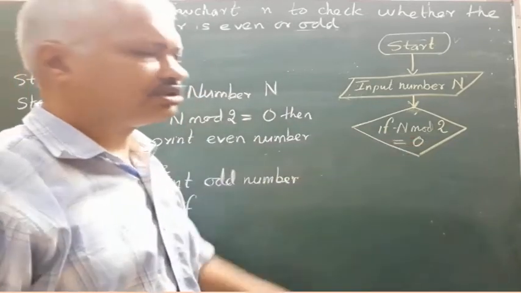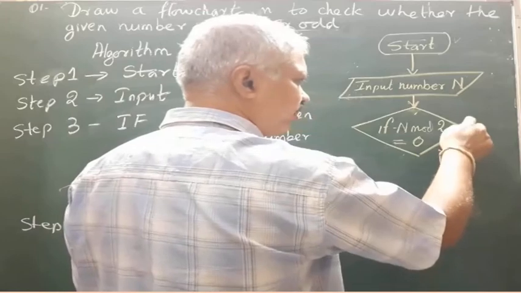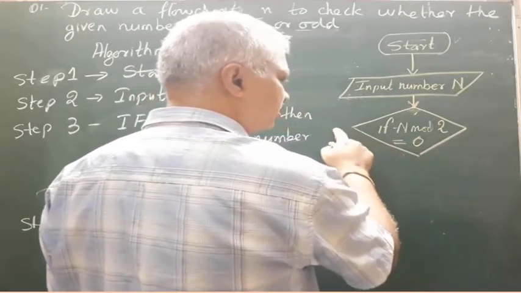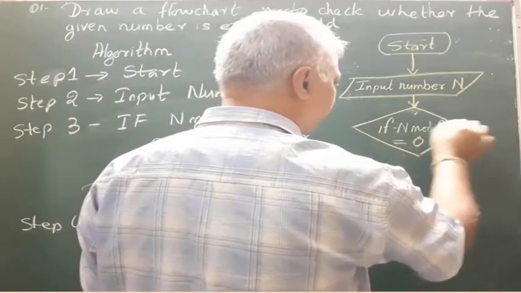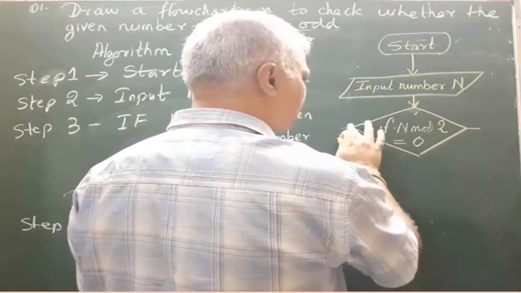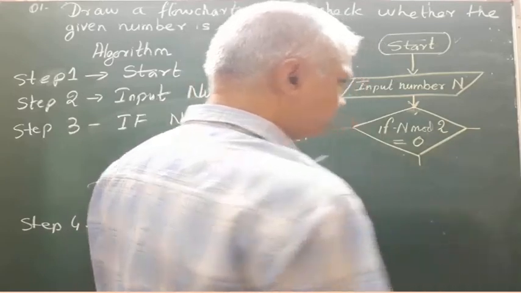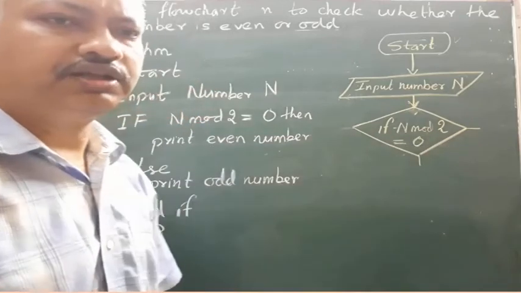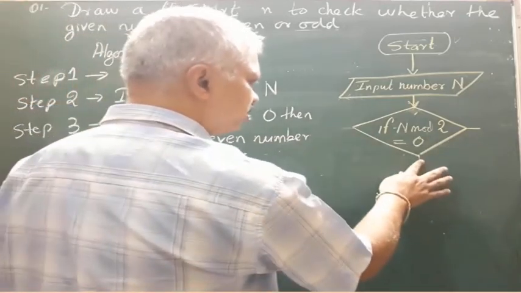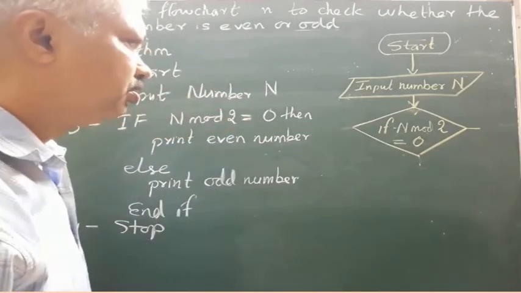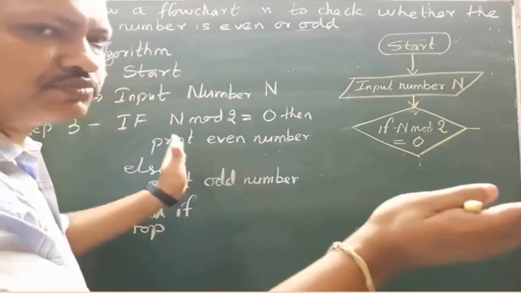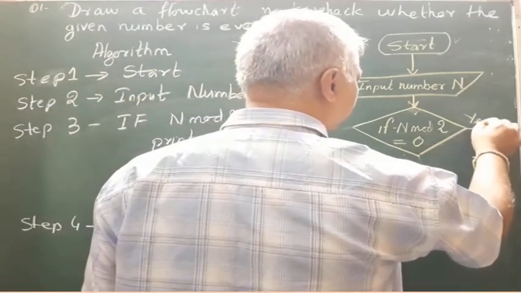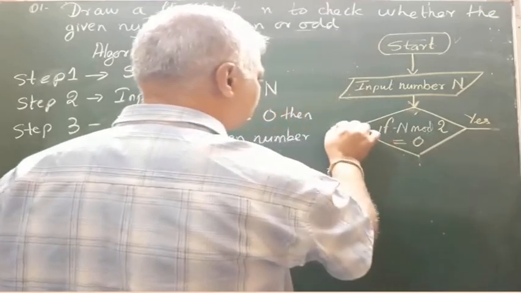Now here there are two branch outs, one for yes and another for no. Either you can write yes here or no here, or you can use either this, or this. It is up to your convenience, but you can't use the remaining three together because only two are allowed, as there are only two ways by which it can split out. One is yes, so I am taking yes here, and no here.